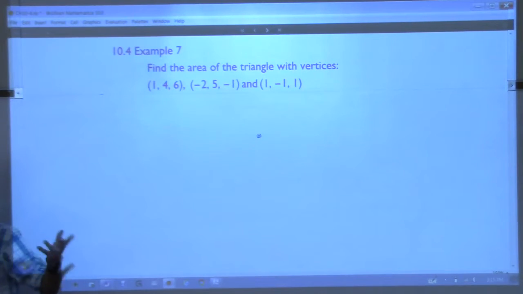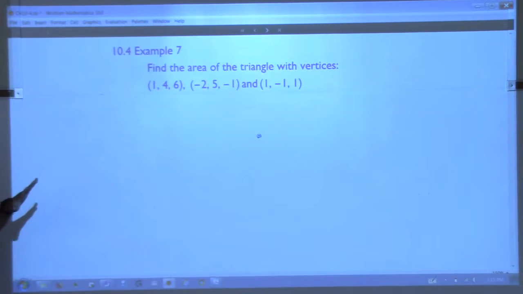Those 3 points, and I ask you to find the area of that triangle I just created. That'd be a very difficult problem, wouldn't it? Just an arbitrary triangle in three-dimensional space, floating around. It's a very challenging problem to find that area.